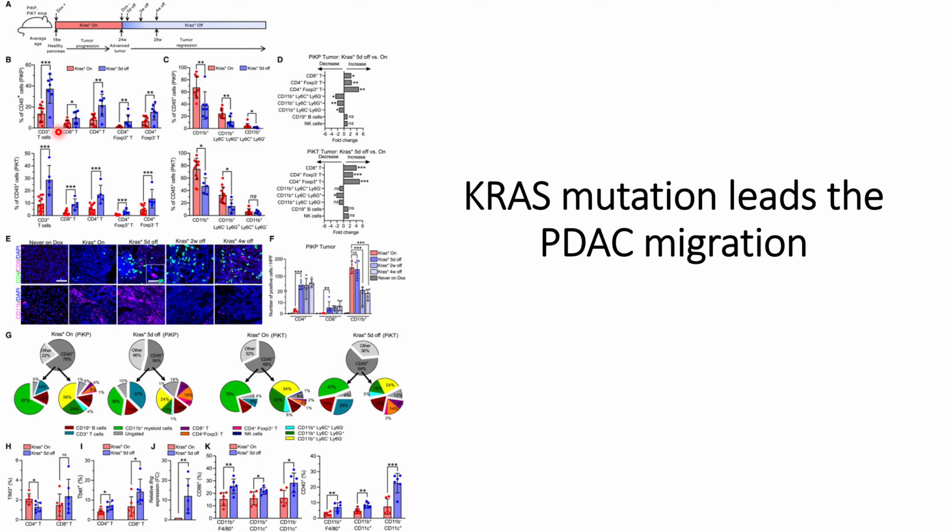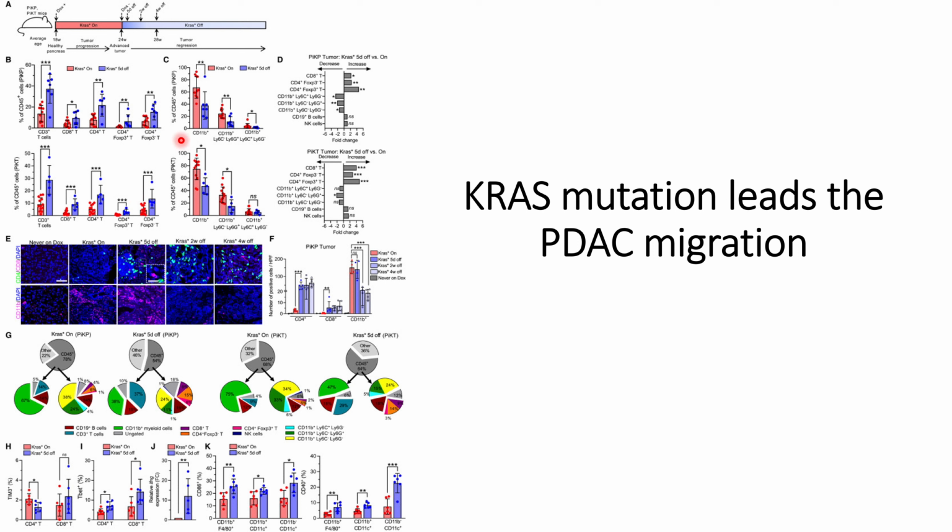That is, CD45 plus cell subpopulations are more in the case of mice where KRAS is off, and in the case of mice where KRAS is on, that can be seen here. That is CD3 plus T cells and other CD45 plus populations.